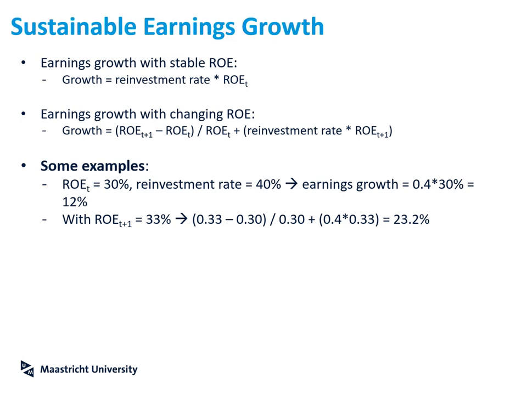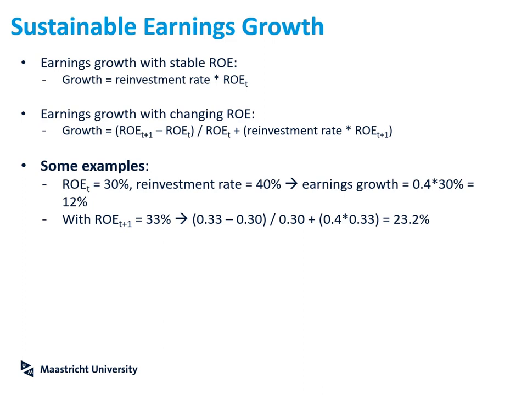Now, what it means is that we will now have two sources of earnings growth. And one is the same as before. We have reinvestments, so we reinvest 40%, but in this case, these reinvestments are earning us 33%. And that's the second part that you will see in the example here.